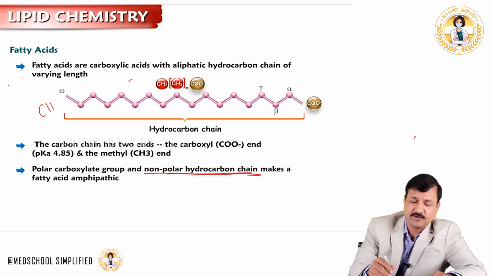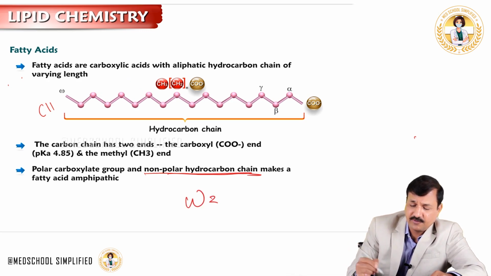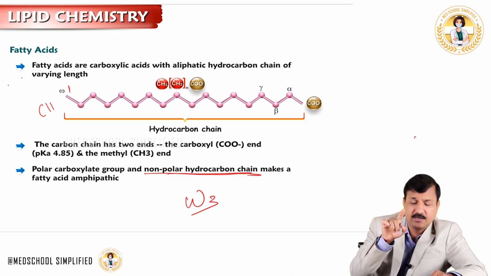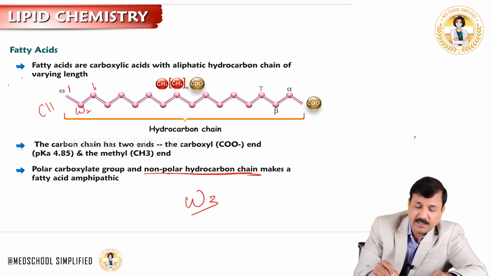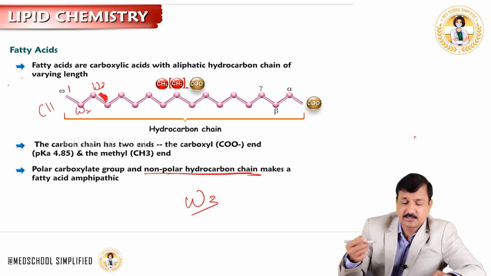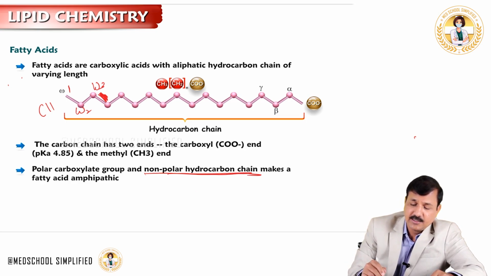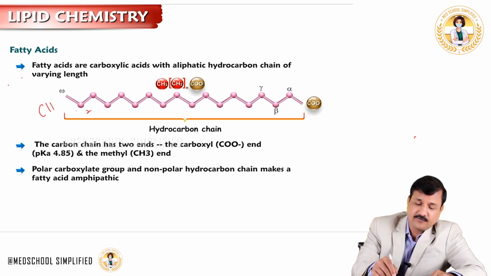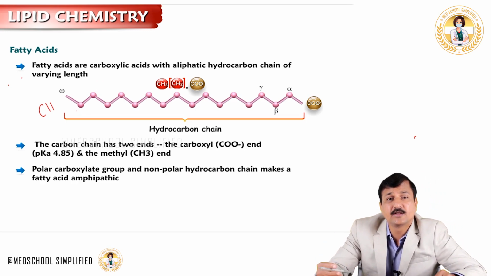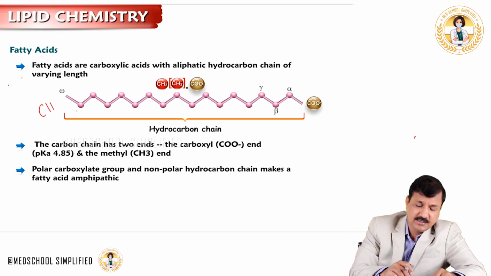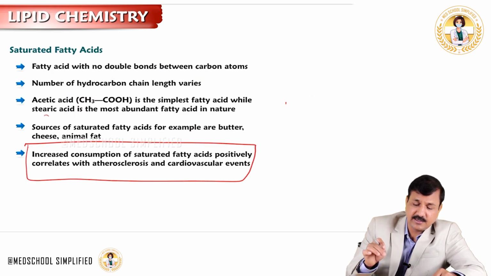The number we say indicates that, for an omega 3 family of fatty acid, in relation to the omega carbon, that is carbon number 1, omega 1, omega 2 and omega 3, there is a double bond at the omega 3 carbon. That's what is referred to as omega 3 family of fatty acids. So you've got to be aware of that. Sometimes it will be required for us to determine whether a fatty acid belongs to the omega 3 or omega 6 family, so you'll have to identify that. That's where this will be useful.